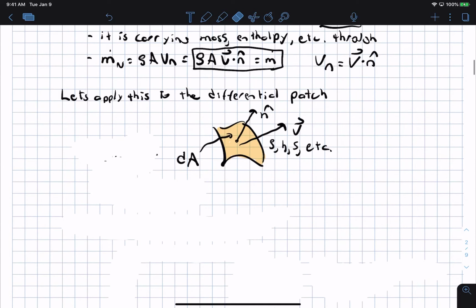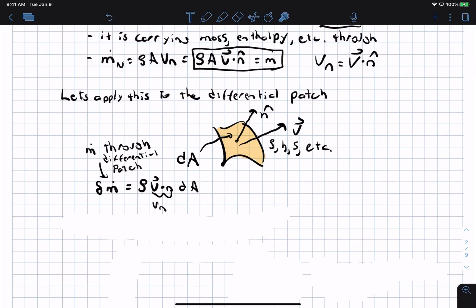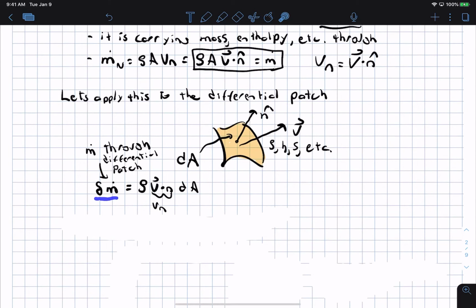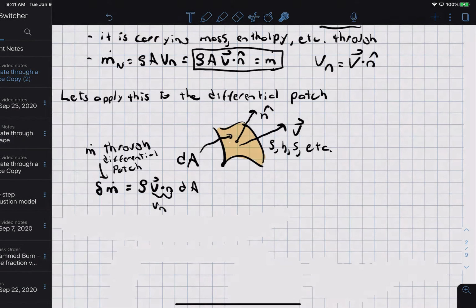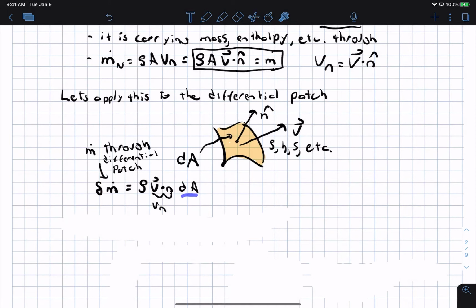Well, that is delta m dot, the mass flow rate going through the surface, which is equal to rho times v dot n hat, the normal component of the velocity through this small patch, times its area, which is dA.